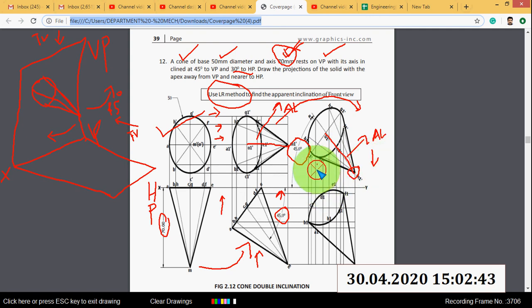Then project from the front view, find all the intersecting points, join all the outer points, then look from this direction: visible areas in dark lines, invisible areas in dotted curves. So this is the final view. And the apex is away from VP. In this top view you can see this is the apex, and this distance is away. Apex is away from VP.